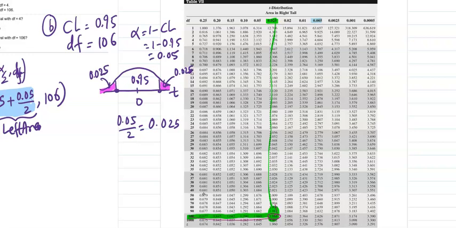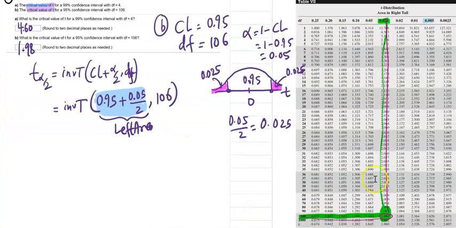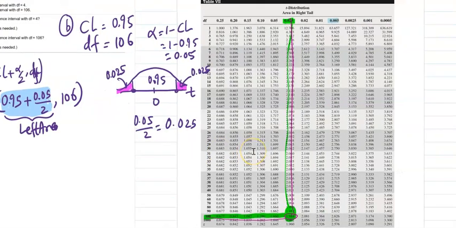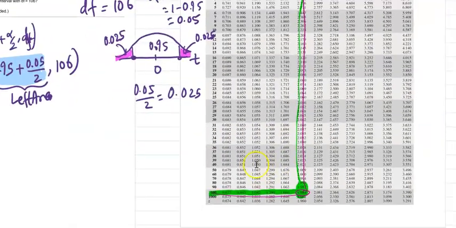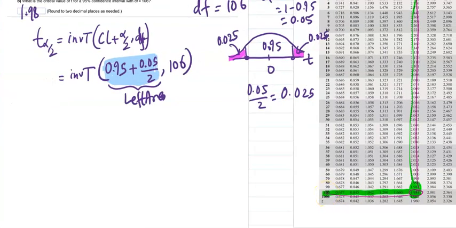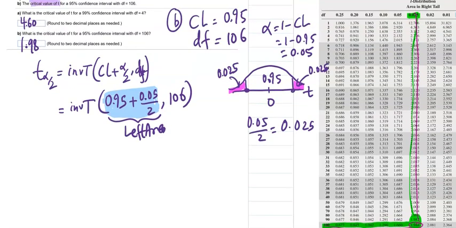This number here is 1.984. So to 2 decimals we get 1.98, depending on the instruction. It says 2 decimals, so you use 1.98, but the table gives you up to 3 decimals, 1.984, and if you round it, it's going to be 1.98. That's how you find the critical value using the table and the calculator.